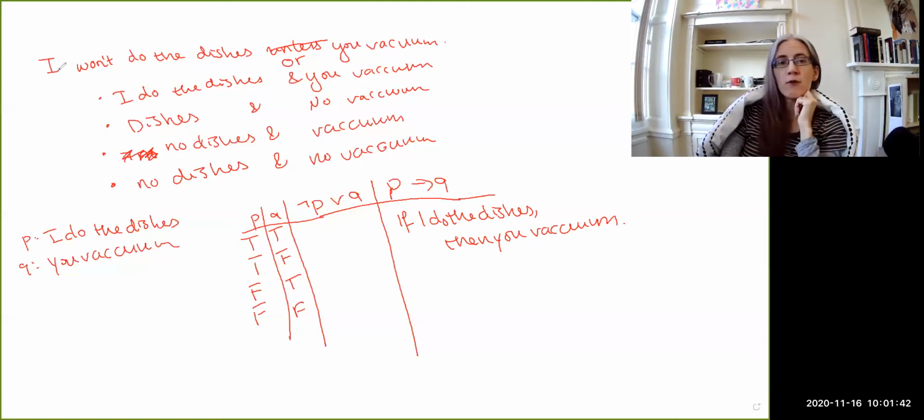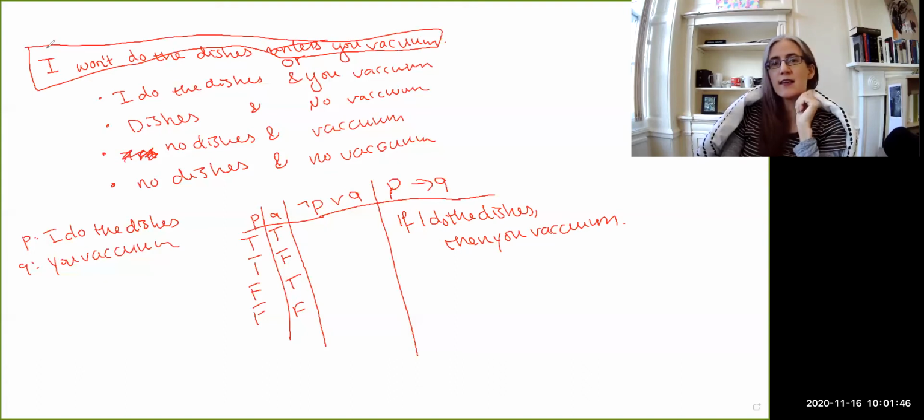So if you look at what this is saying, this is saying that the only case that I won't do the dishes is when you don't vacuum. Another sentence that this would be equivalent to, let me see if I can get some room here. I'm going to have to erase my writing out of the English.